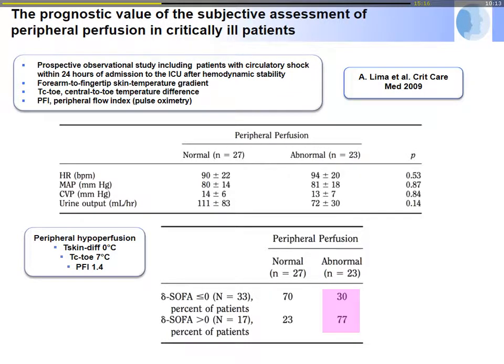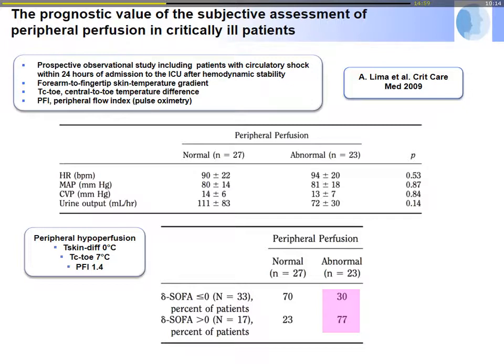So there is a different approach. I think it's an interesting approach because it's a practical approach, looking at the forearm to fingertip skin temperature gradient.